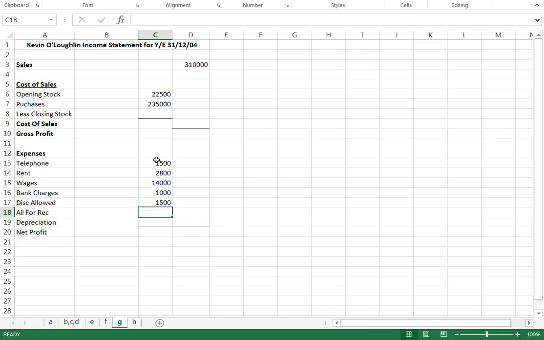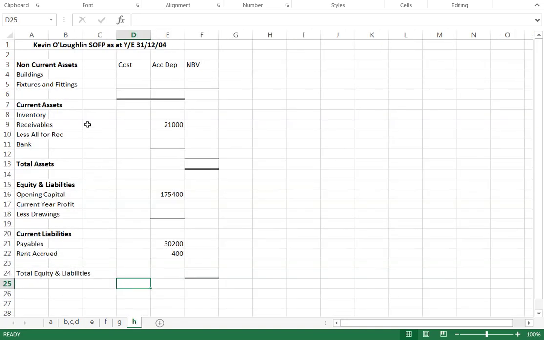Allowance for receivables at the end of the year, we'll come back to that one. And depreciation, we're going to calculate those in a few minutes. So I think we have in everything that we already have.